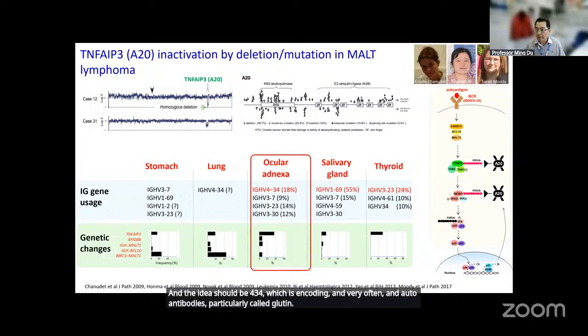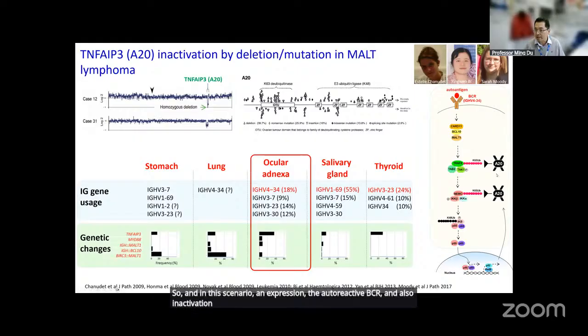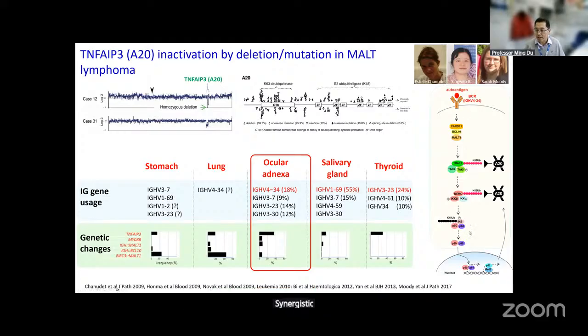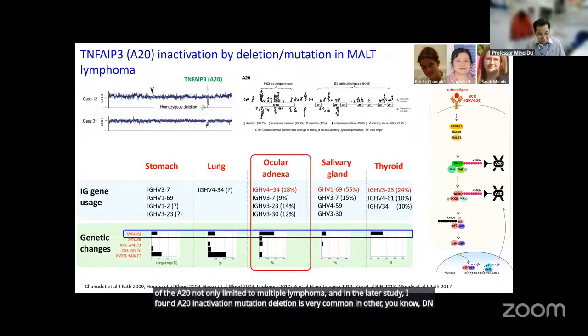So in this scenario, expression of the autoreactive BCR and inactivation of downstream NF-κB negative regulators most likely function synergistically to maintain constitutive NF-κB activation. The identification of A20 is not limited to multiple lymphoma; in later studies we found A20 inactivation mutation and deletion is very common in other B and T cell lymphoma.